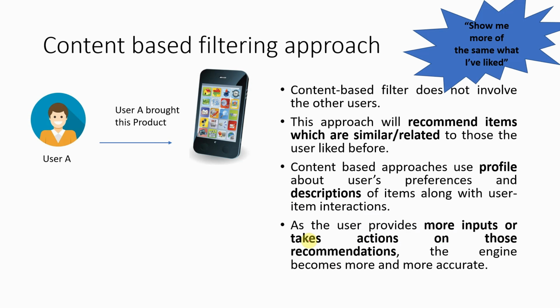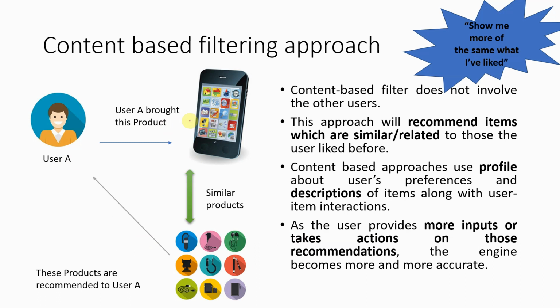The first method in the recommender system is the content-based filtering approach. In the content-based filtering approach, we do not involve other users. Mainly, the content-based filtering system recommends to the user an item which is related to their previous purchase experience. For example, user A bought a mobile.